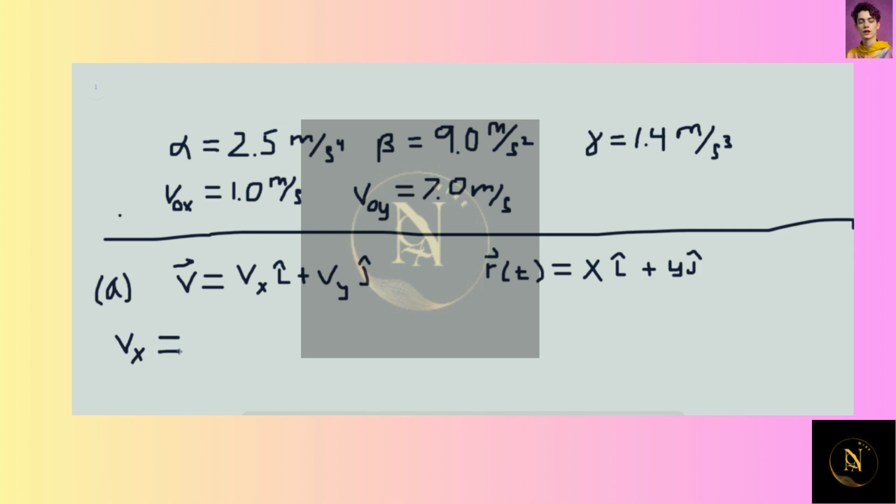We find that this is equal to, of course, the integral of the acceleration in the x direction with respect to time. The acceleration in the x direction we're told is equal to the constant alpha, which we're given, times time squared.